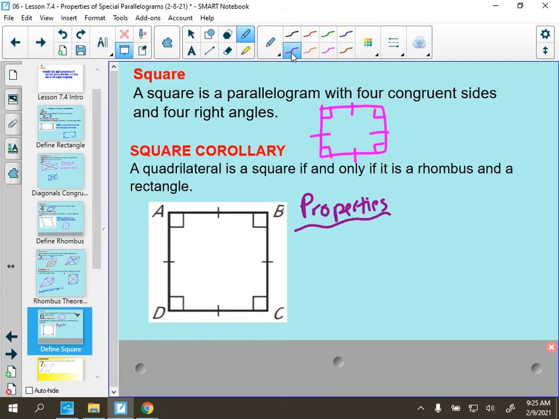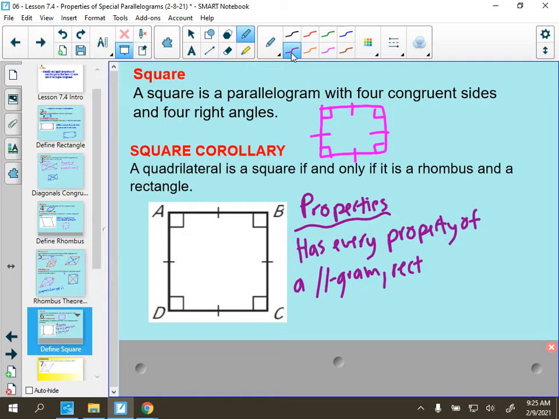Basically, it has every property of a parallelogram, rectangle, and rhombus. Which is kind of nuts when you think about it. Like, all that stuff's going on. So you could make a really kind of crazy picture to try to show everything there. I think you probably lose some of that.